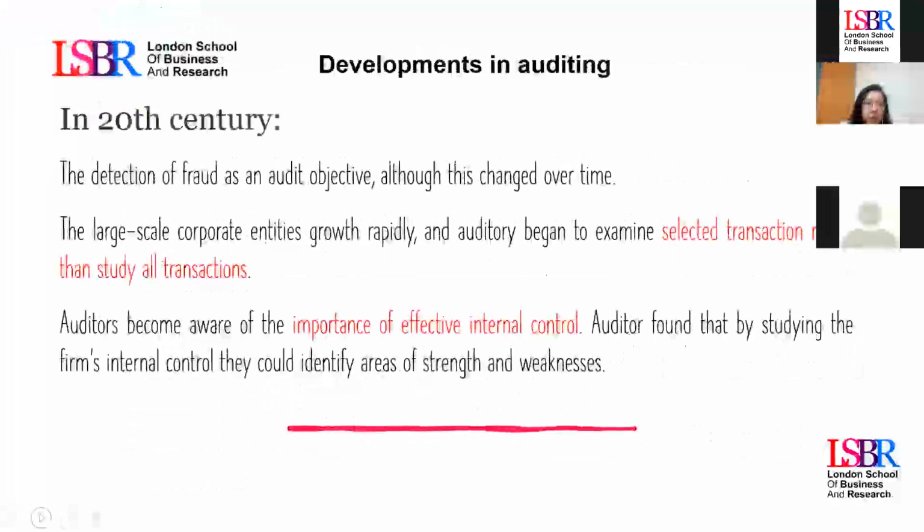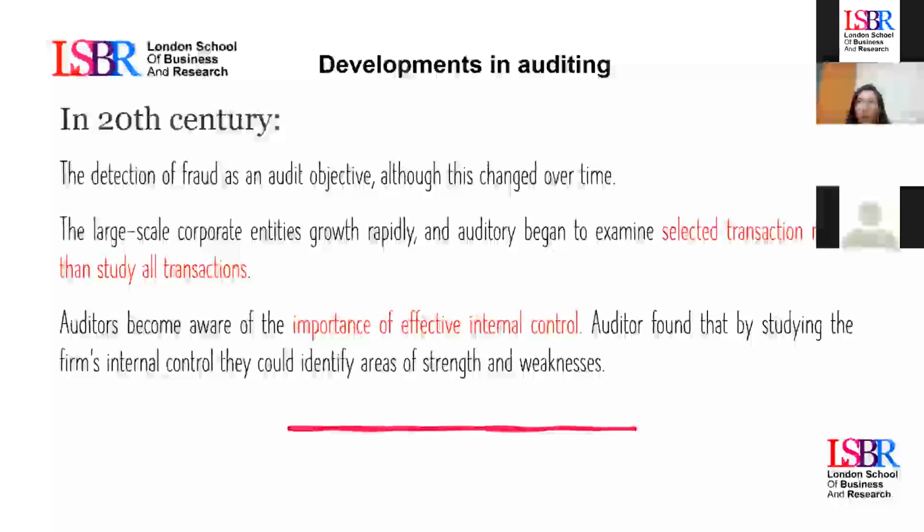So these are some of the developments in auditing. We can divide according to the century, but in the 20th century, the detection of fraud was the main objective of an audit.